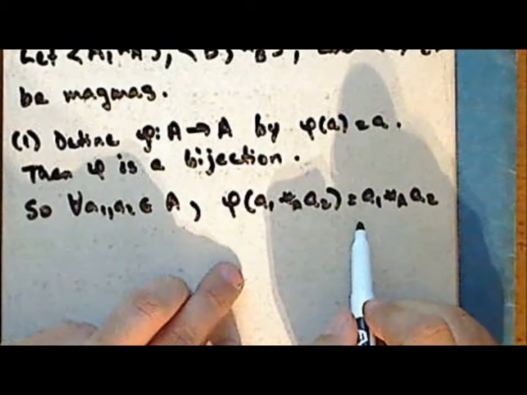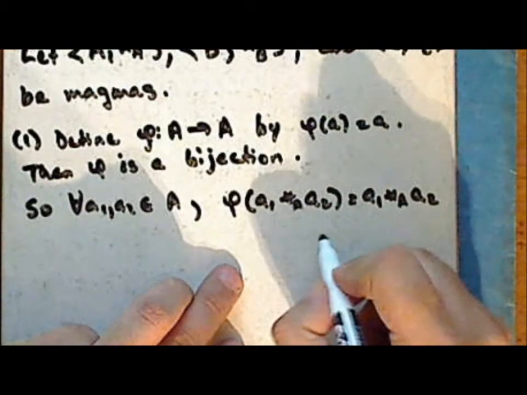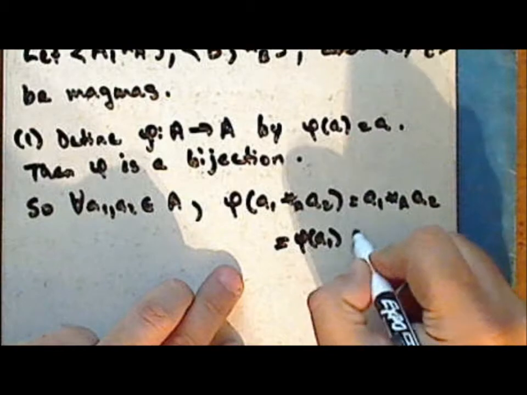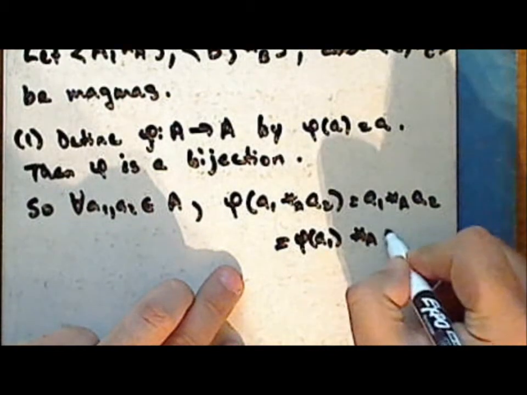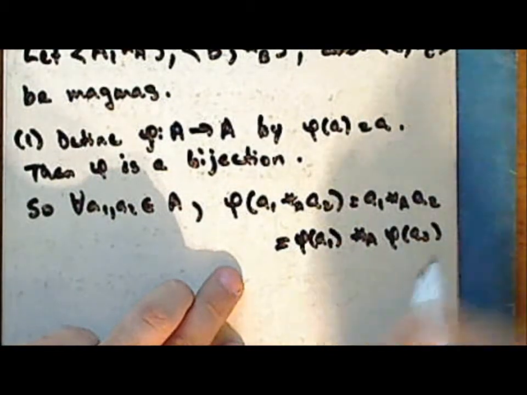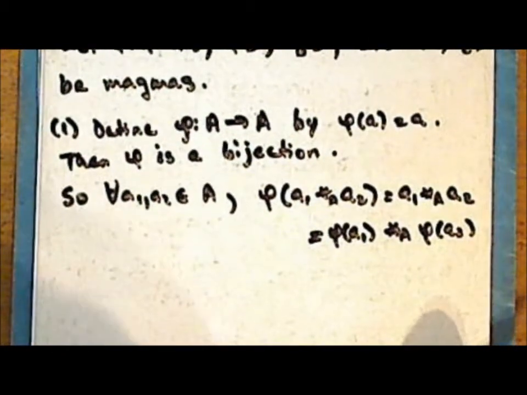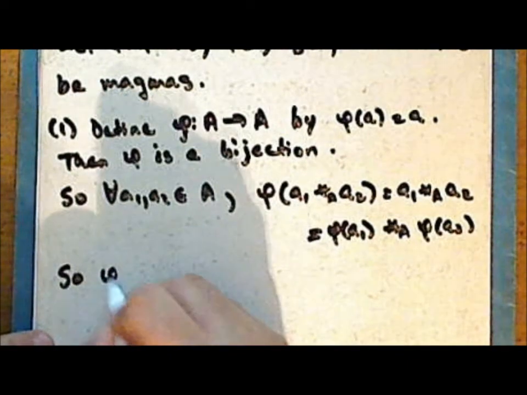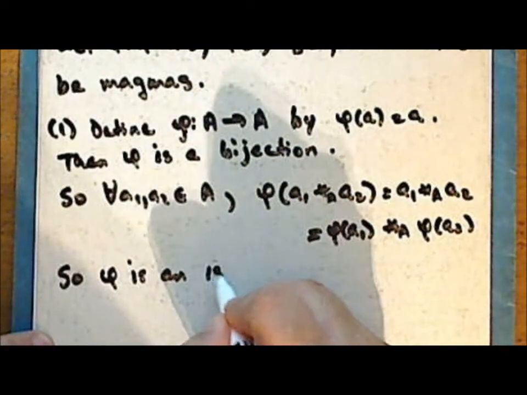And as the function phi is the identity function, this is the same as phi of A1 star sub A phi of A2. And so the function is also a homomorphism, and so the function phi is an isomorphism.